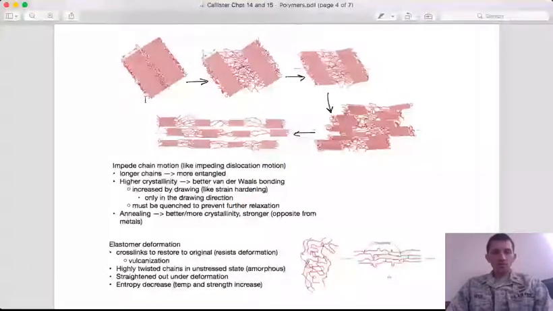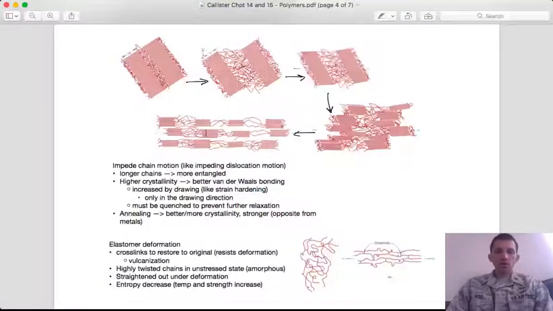First of all, if you have a longer polymer chain, a higher molecular weight, then they're more entangled. There are more covalent bonds holding these crystalline regions together, and less likelihood for them to fragment into these pieces. It would obviously be easier to fragment at the region where you have a transition from one polymer chain to another. And the amorphous regions will be more entangled, leading to a higher elastic modulus.